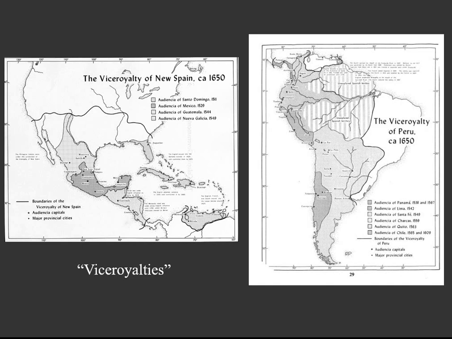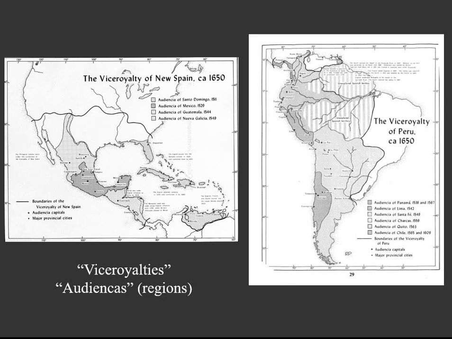Each of these two viceroyalties was further subdivided into what they called audiencias, which basically translates as regions. These are sub-districts of a viceroyalty, and even the audiencias were subdivided even further into individual districts and towns.